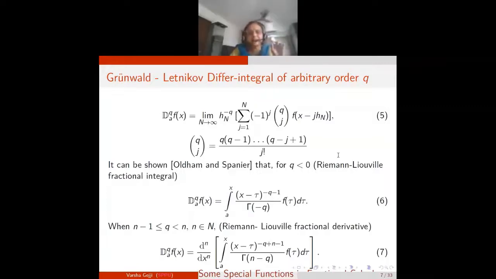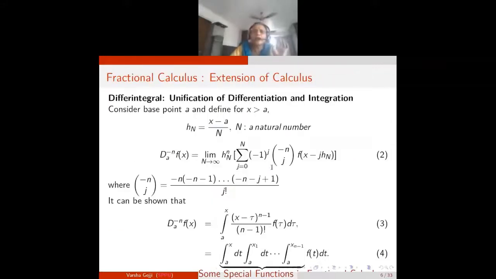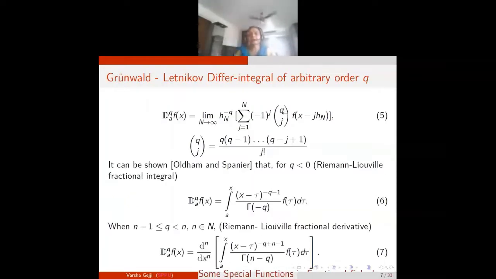It could be positive, negative, and now you define q choose j as q, q minus 1, up to q minus j plus 1 upon j factorial, and simply replace this. So first it was n, then minus n. n was the nth order derivative, minus n gave you the n-fold integral. Now you just replace it and keep it as q with this definition.